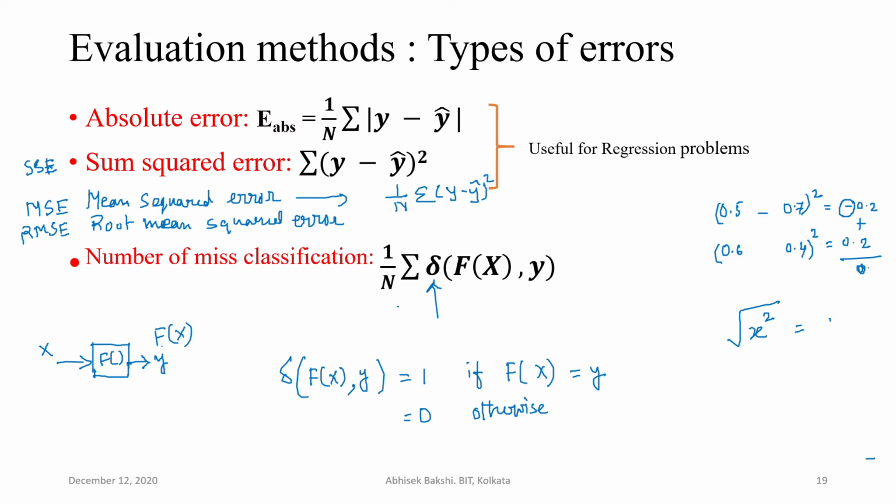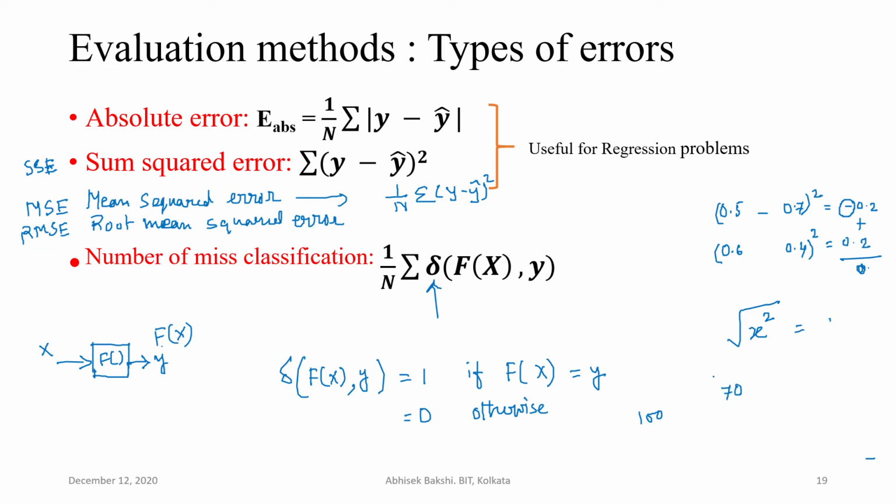So for all the different patterns, we can find out the number of ones that we have, and divide by the total number of patterns. For example, suppose I have 100 samples. Among the 100 samples, I found that f(x) equal to y is true for 70 cases.